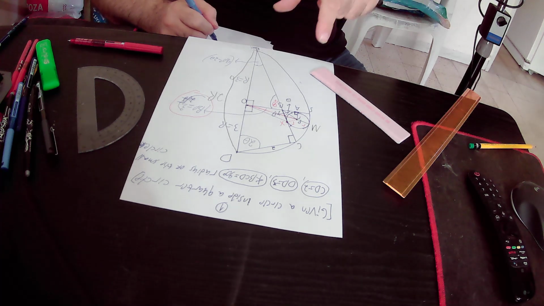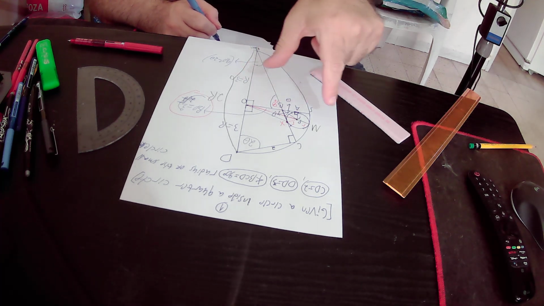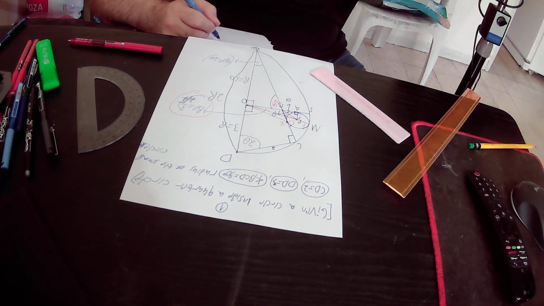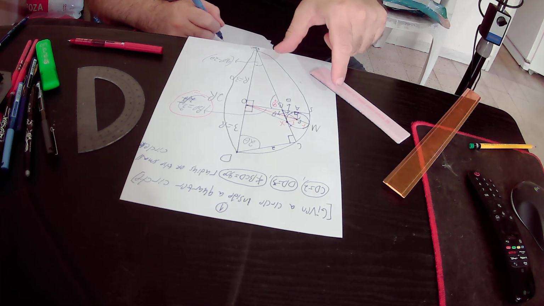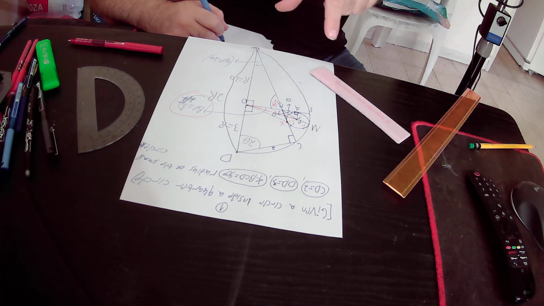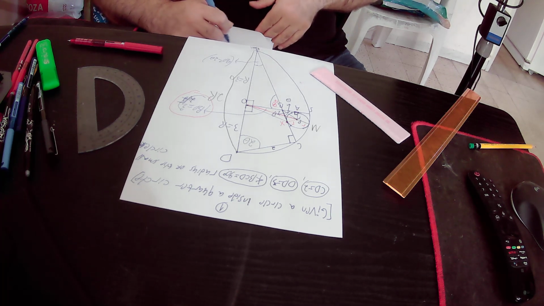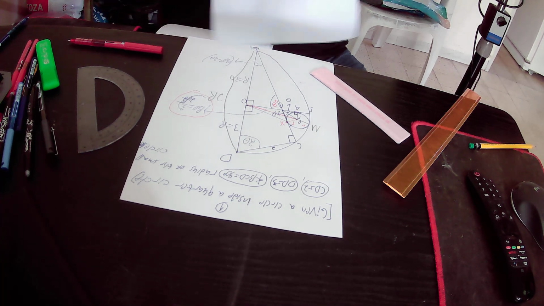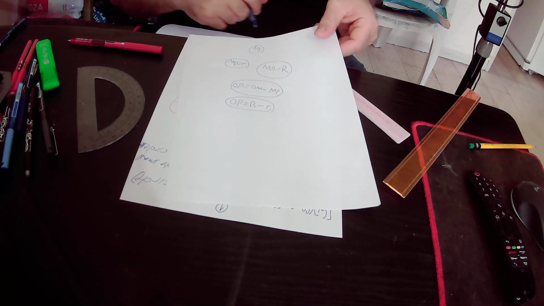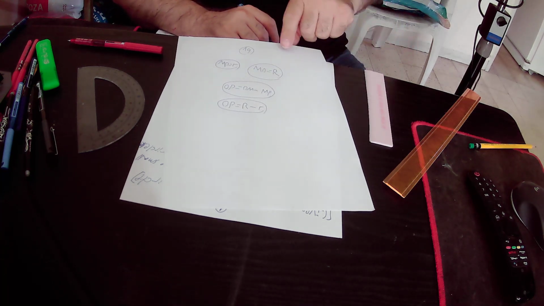OM is the radius of the semicircle, minus MP, the radius of the small circle. So in total OP equals capital R minus small r.